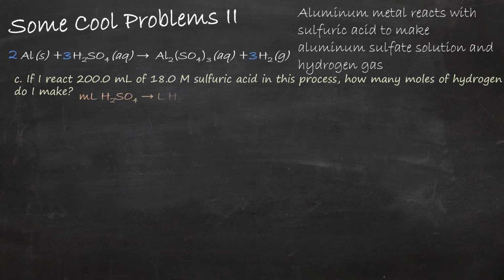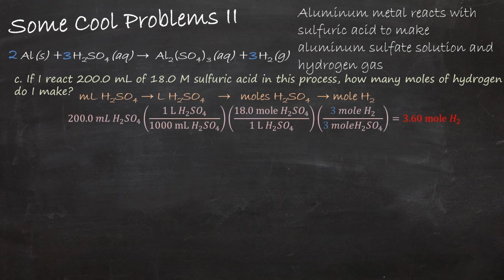We will first convert milliliters of sulfuric acid to liters of sulfuric acid, and then using the concentration, 18 molar, which is equivalent to 18 moles of sulfuric acid per liter of solution, we can get moles of sulfuric acid. The mole-mole relationship of sulfuric and hydrogen gas will get us to our final answer. Putting in all the numbers, we find we can produce 3.60 moles of hydrogen from this reaction.